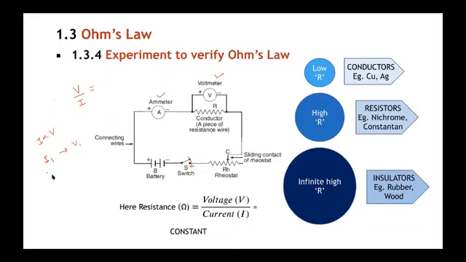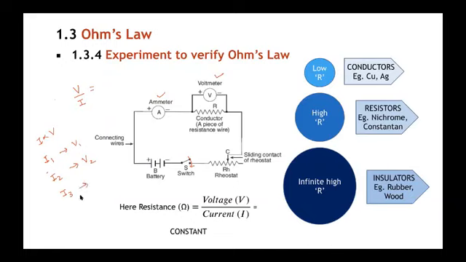Let's say it decreased to I2. The voltmeter will also give a different reading, let's say V2. Now do it again, increase the resistance. You will get another value I3, which is less than I2 because you have increased the resistance. Again you will get some reading V3, and so on.